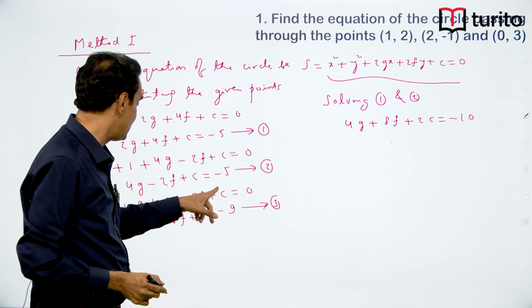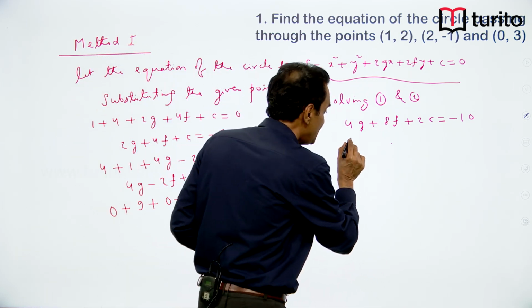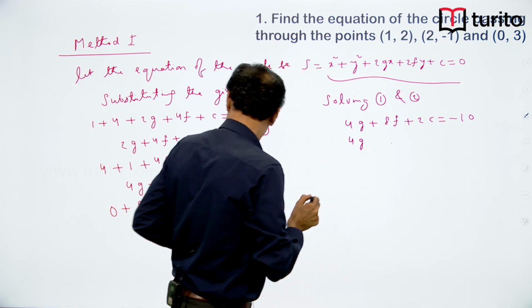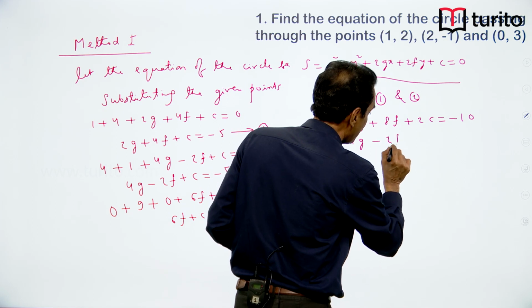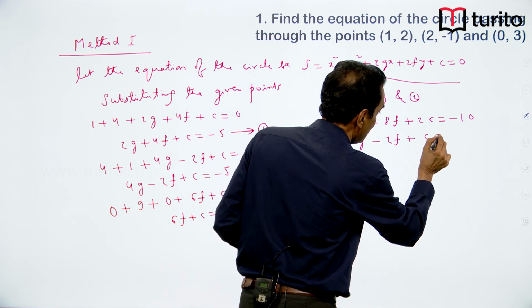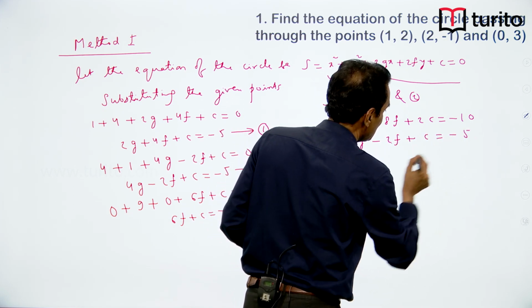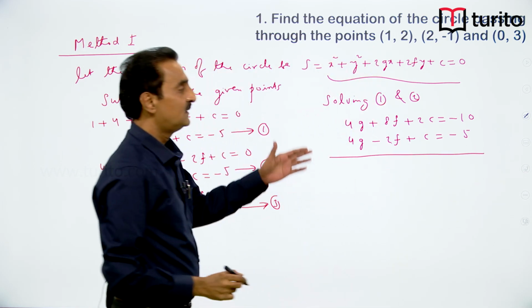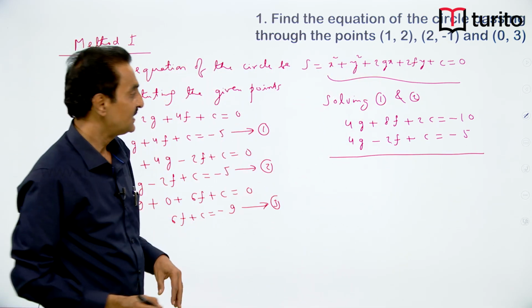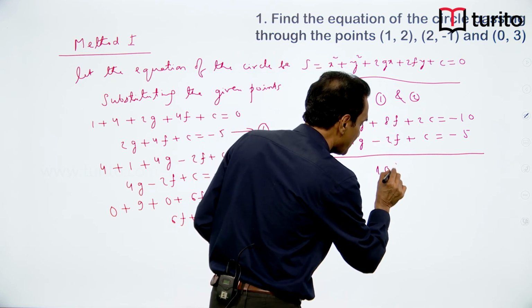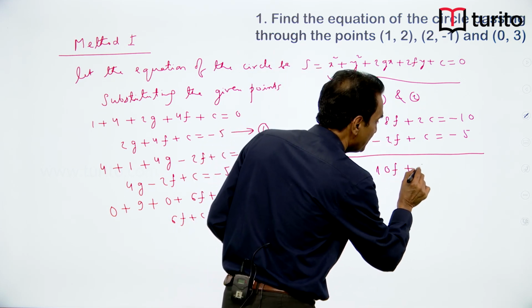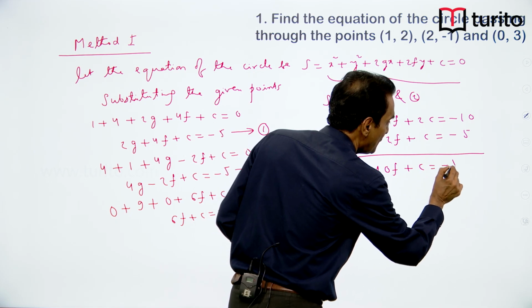Now write the second equation as it is, 4g minus 2f plus c is equal to minus 5. Now directly subtracting, we get this minus this, 10f plus c is equal to minus 5.